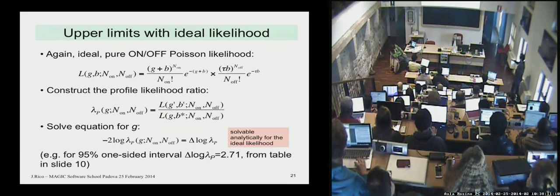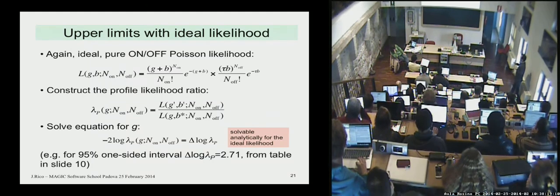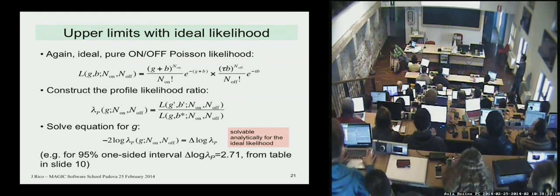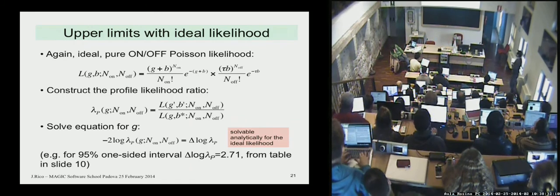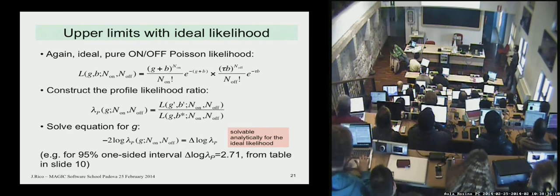The values of G that solve this equation provide us with a confidence level interval, depending on this value. For example, for a 95% one-sided interval, this delta log of the likelihood ratio would be 2.71, and you can get this from the table that I showed already in slide number 10.